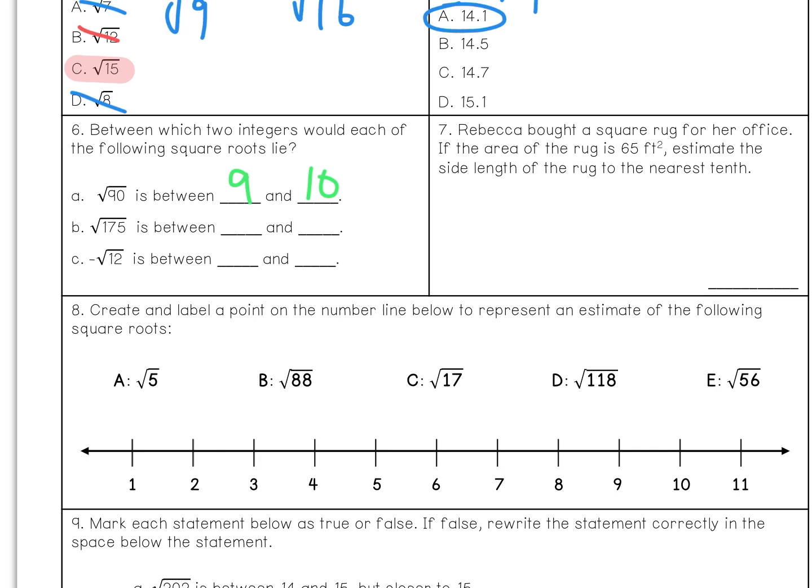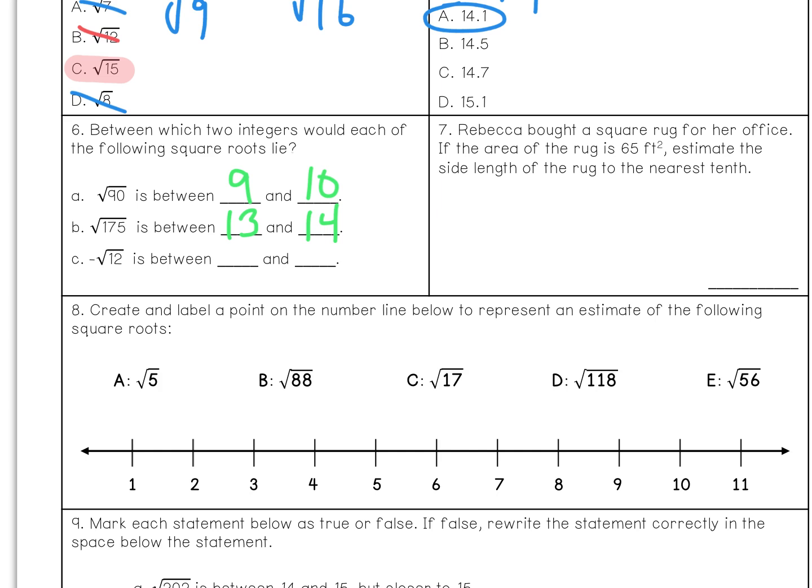Okay, so 6B. Garen, you said very confidently you already did it. So 6B, you got what? Letter B. Yep. The square root of 175 is between 13 and 14. Okay, 13 is the square root of 169, and 14 is 196. So that would be correct.